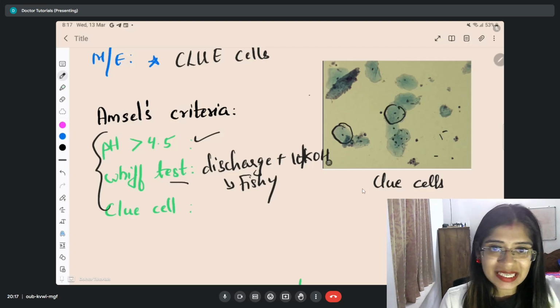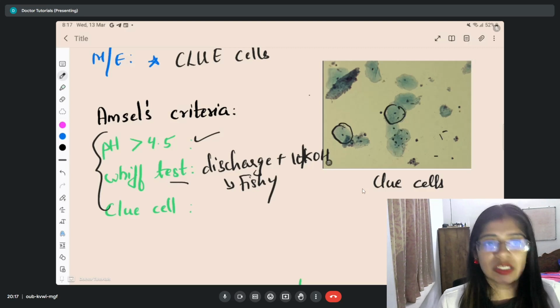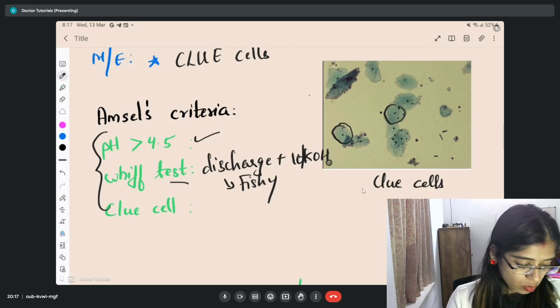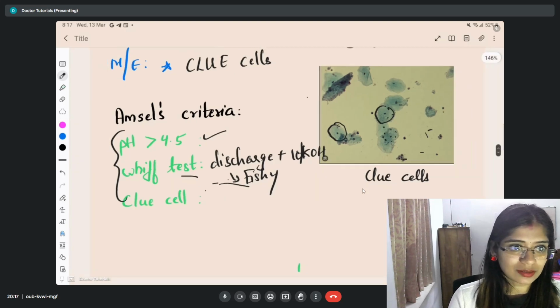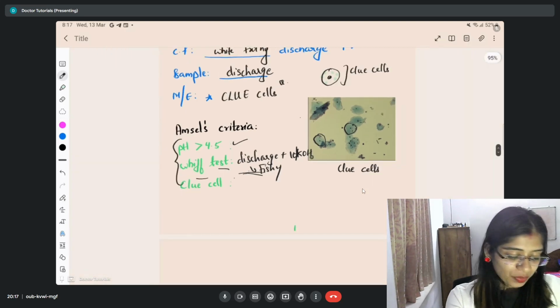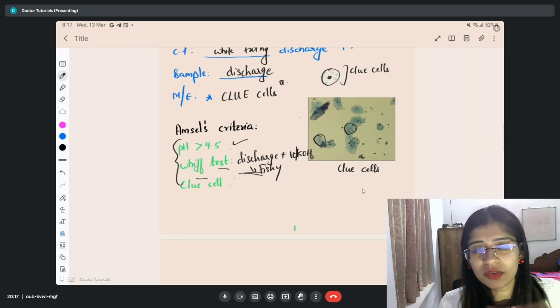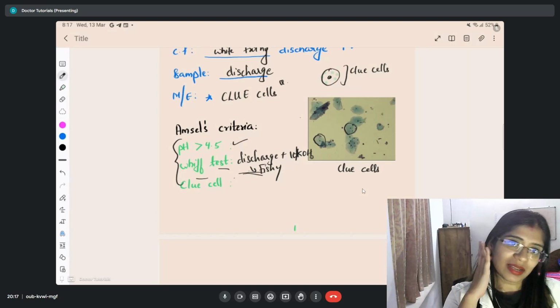So if you have all these three, pH more than 4.5, whiff test positive, clue cells seen on microscopy, then it is for sure that the lady is having bacterial vaginosis. So that's all about bacterial vaginosis. Once more, in bacterial vaginosis, what all you must remember: the color of discharge, white frothy discharge, and in microscopy you see clue cells.